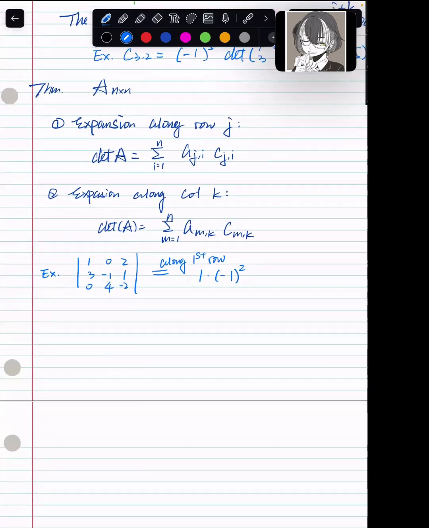And then what we have left is -1, 1, 4, -2.